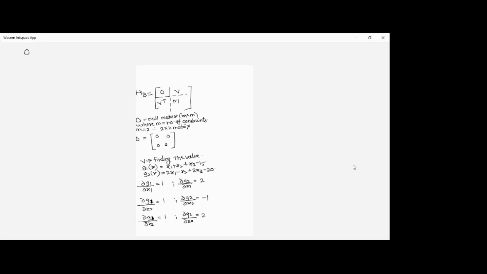So now the V matrix is given by writing these values in this order: the first row is 1, 1, 1, and the second row is 2, -1, 2. Similarly, the transpose of this matrix can be written as 1, 1, 1, 2, -1, 2.